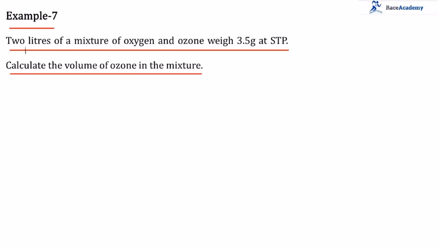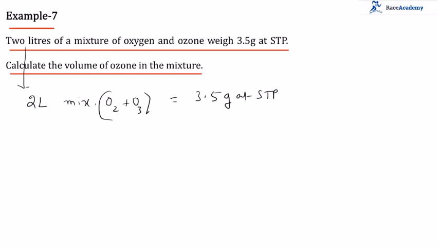First of all, the 2 liters given in the question is the volume of the mixture. The 2 liters of mixture, oxygen plus ozone, has the mass given, that is equal to 3.5 grams at STP.